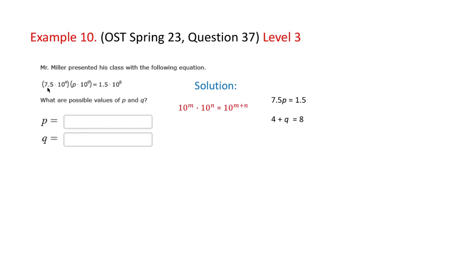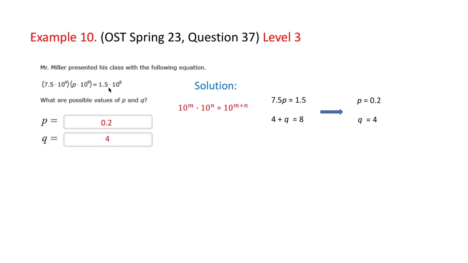So now 7.5 times P is equal to 1.5. If you multiply this times this, 4 plus Q is equal to 8. You have two equations. This one will give you P is 0.2, and this one will give you Q is 4. So that's an answer that is acceptable.